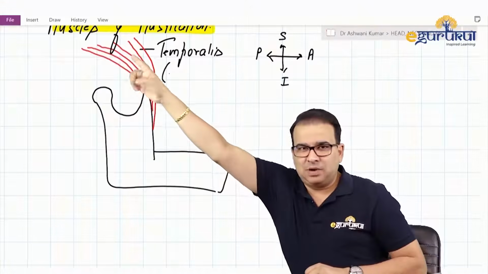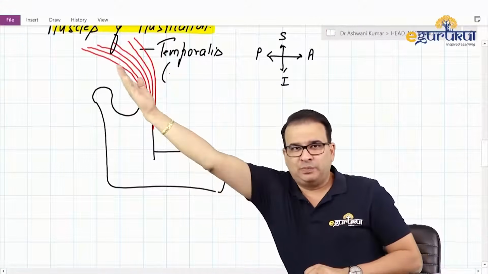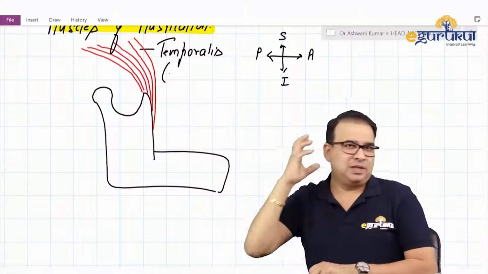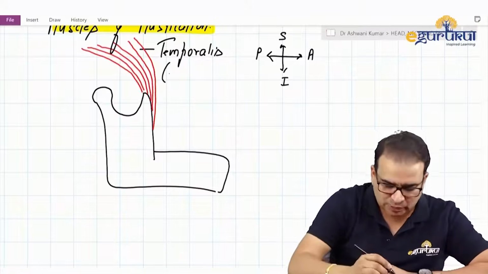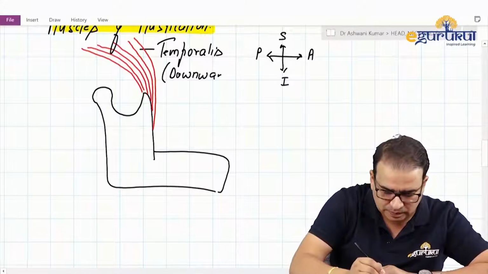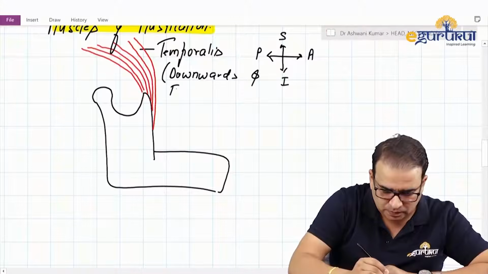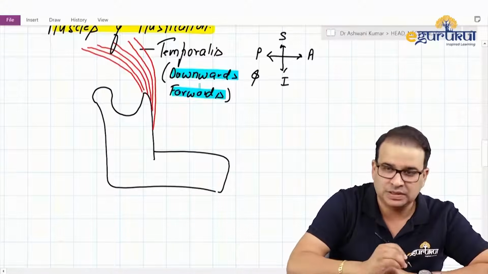So these fibers are coming downward, and they're also coming forward. If you see, they're coming from posterior to anterior slightly. So a big chunk of this muscle is also running forward. So temporalis muscle runs downwards and forwards.